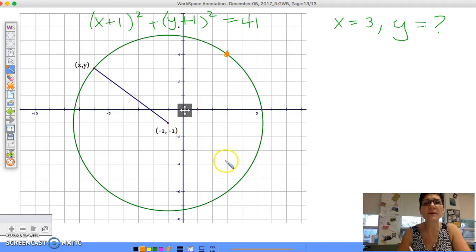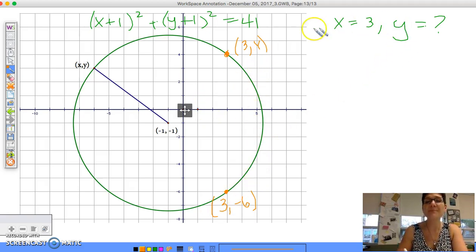Did I do something wrong here? Oh, when x equals 3, it's this guy right there, and that guy right there. I don't know where my head just went. Okay, so when x equals 3, it could be this y coordinate, which turns out to be a lovely number. It is actually equal to 4, and it hits nice over here at 3, negative 6.